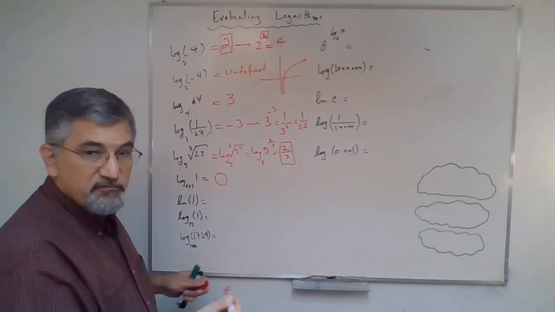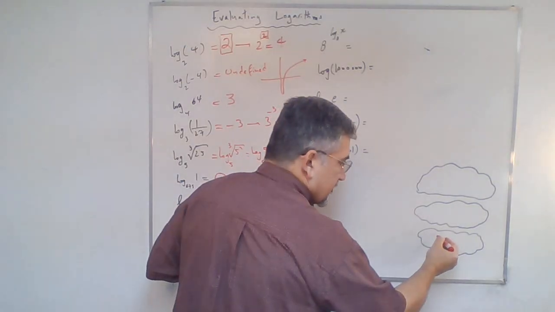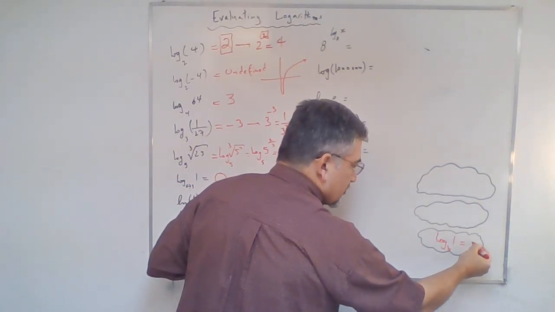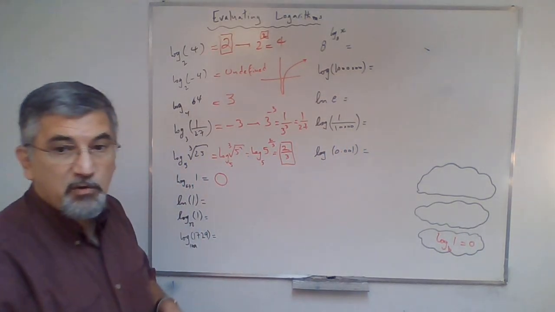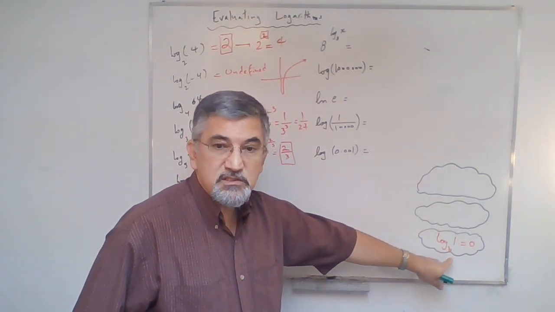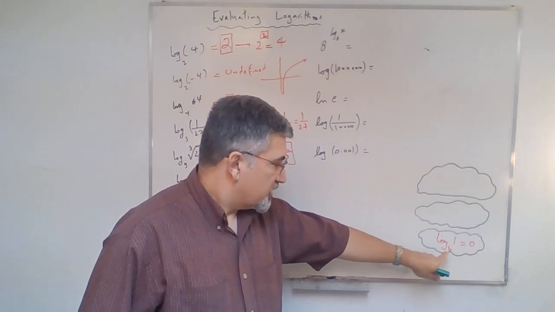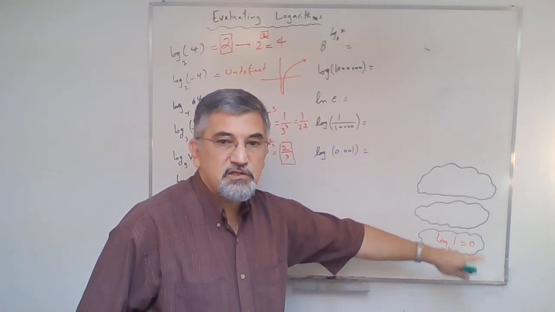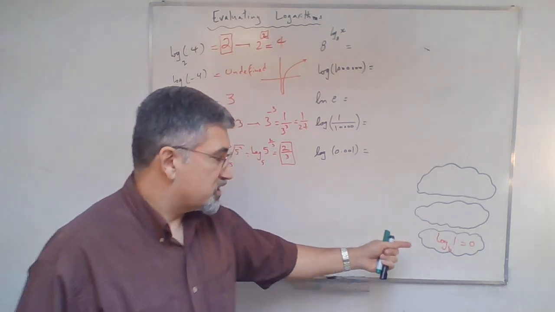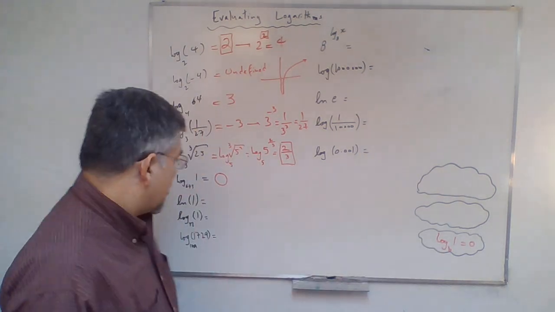And this reminds me of a formula that I can write down here. I can say log of 1 to any base b is equal to 0. And I come up with a general formula, saying that whatever the base is, of course positive, log of 1 to any base is equal to 0, because that base raised to the exponent of 0 is equal to 1. So we came up with a formula actually.